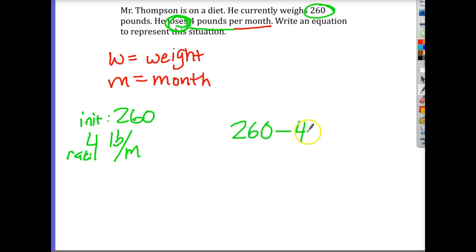But not just 4 pounds, it's 4 pounds for every month. So if it's 1 month, it's 4. If it's 2 months, 2 times 4 is 8, etc., right? 260 minus 4 times the amount of months, and that'll give me my total weight. So does that make sense? My weight equals what I started with, and I'm losing, subtracting 4 pounds for every month. So yes, it does make sense.